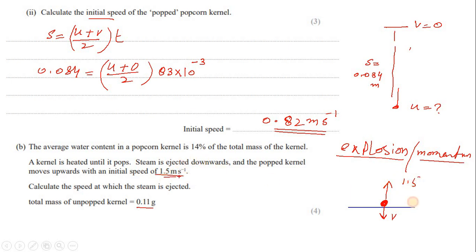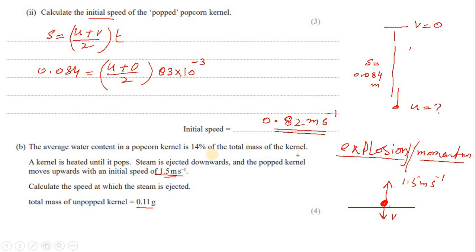It is given here, 1.5 meter per second. So it is an explosion. Before popping, they were together as one mass, and now after the explosion, two bodies or two objects are moving in opposite directions. So that's why we can use the explosion concept.